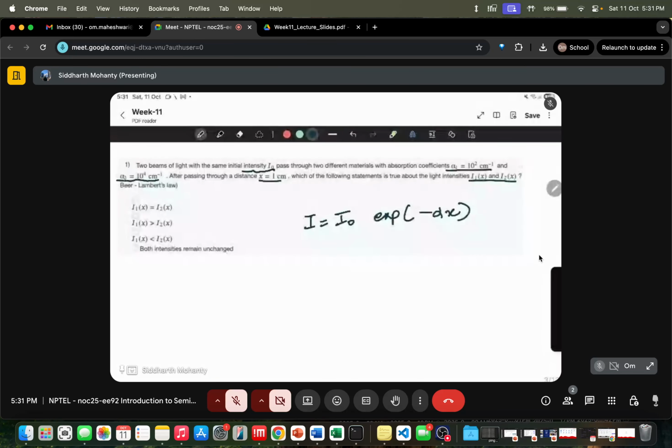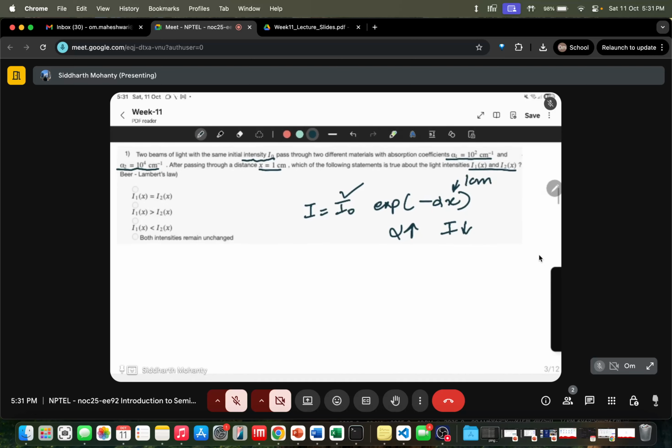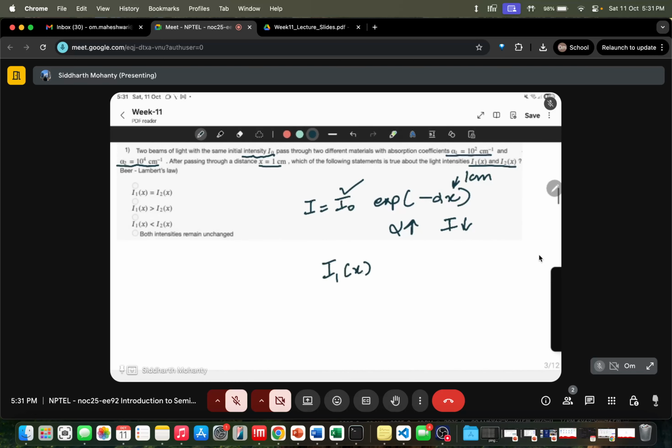So if alpha is higher, I will be lower. If everything else is the same, I naught is the same and x is 1 centimeter, then if alpha is increasing, I will decrease. Therefore I1(x) will be greater than I2(x). So it is option B.